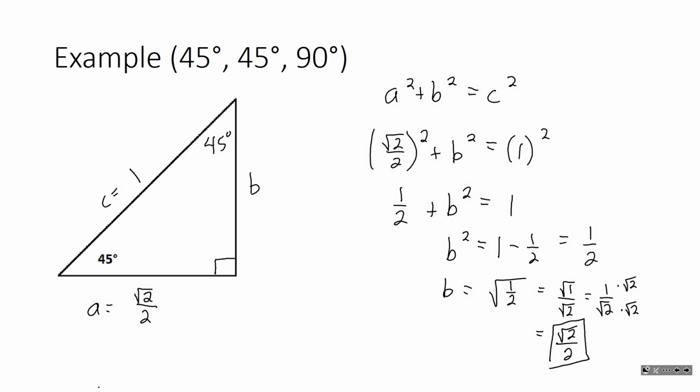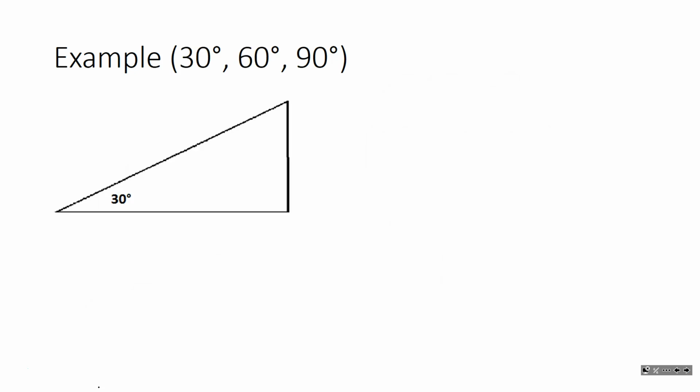You'll be seeing this particular triangle, the values in it, come up again later on when we look at trigonometry. My last example in this lesson is a 30, 60, 90 degree triangle. Now, obviously we have a right angle there.